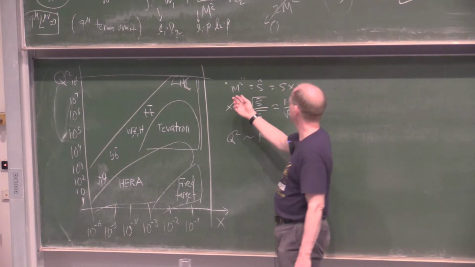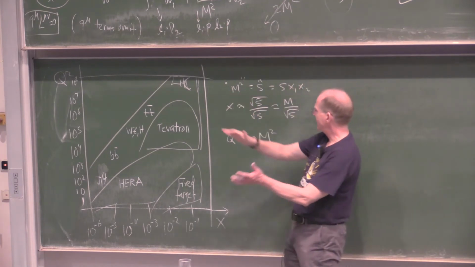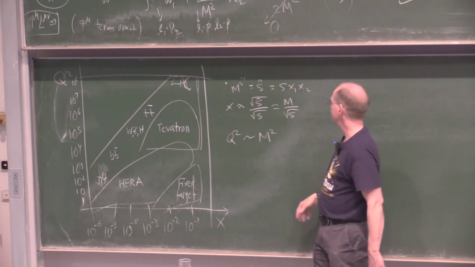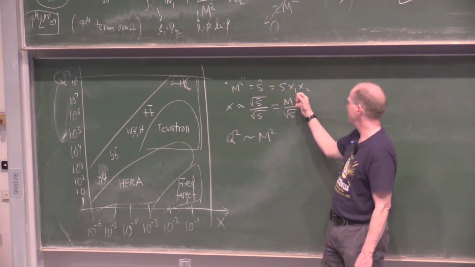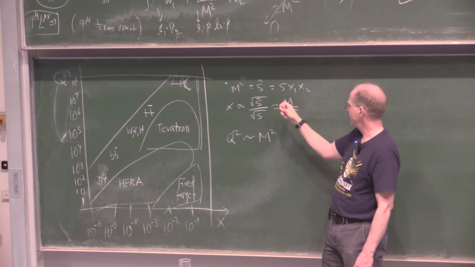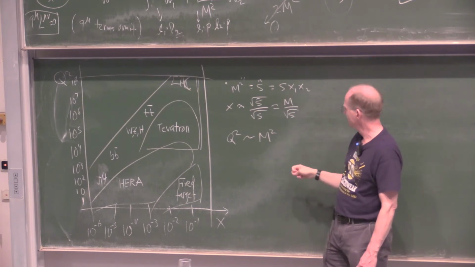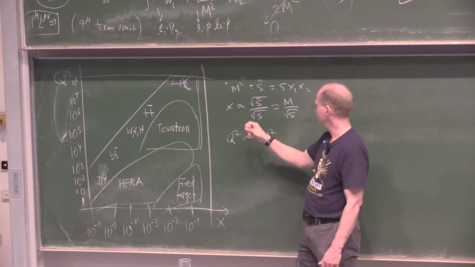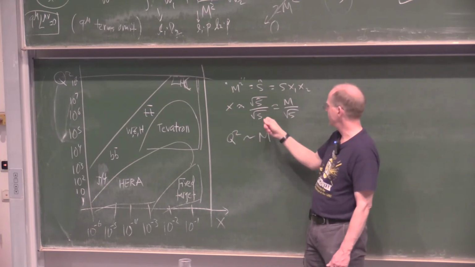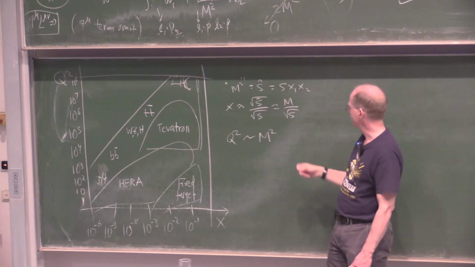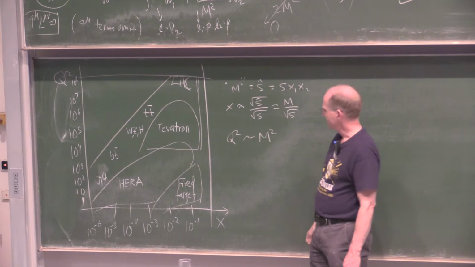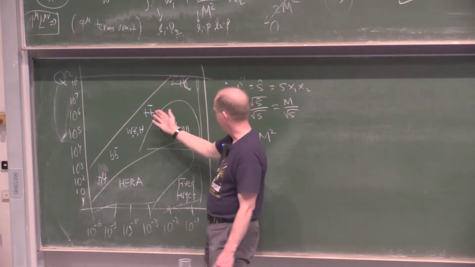In general, the invariant mass of the final state is roughly the s hat of the collision, which, as we saw before, was the total center of mass energy squared times x1 x2. And if these are approximately equal to each other, then the typical x is just the square root of s hat divided by the square root of s, or the mass of the final state divided by the square root of s.